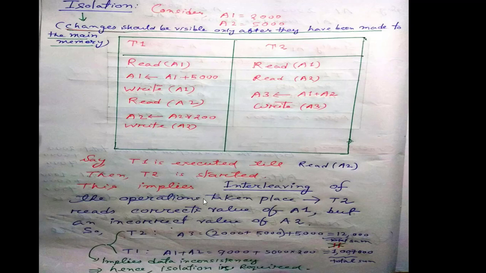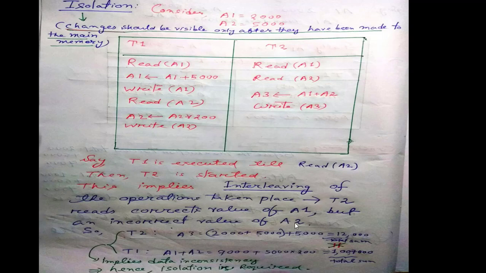But do notice that before conducting the operation A2 cross 200 assigned to A2, read A2 is taking place, isn't it? So it will not get a correct value of A2. This means T2 will read an incorrect value of A2.